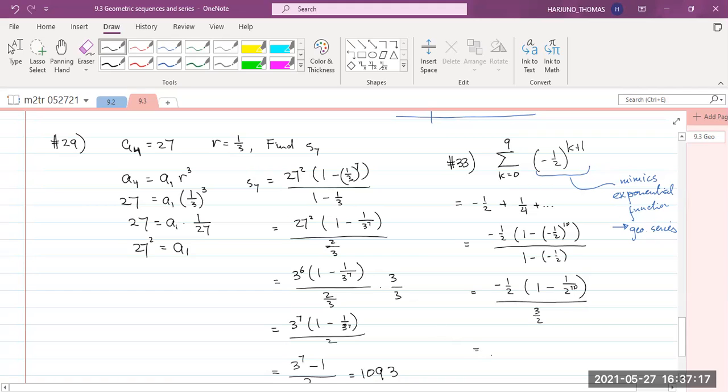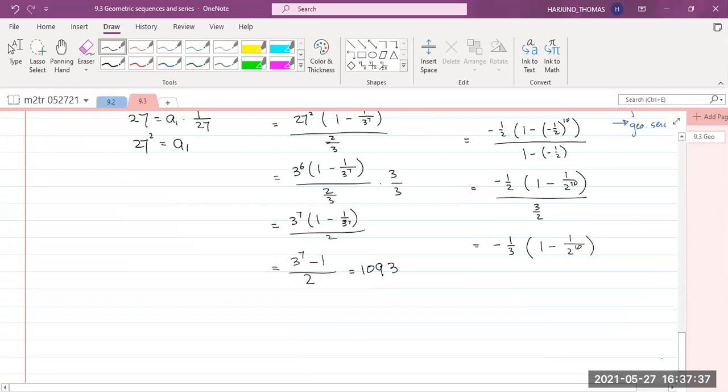Let me multiply by 2 on the top and the bottom first. So I get negative 1/3, times 1 minus 1 over 2 to the 10th. Let me simplify that a bit more. I will factor 1 over 2 to the 10th out. So negative 1/3, times 1 over 2 to the 10th, times 2 to the 10th minus 1.